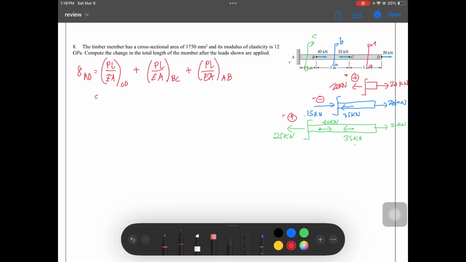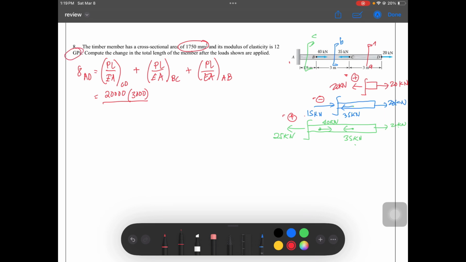What is our P for CD? It is 20 positive. So, 20 kilonewton. I-convert ko into newton na. And its length is 3 meters. So, i-convert ko in mm. Kaya 3,000. And then, what is the E? This is uniform in cross-section and also uniform in material. So, isang cross-section lang siya, which is this one.